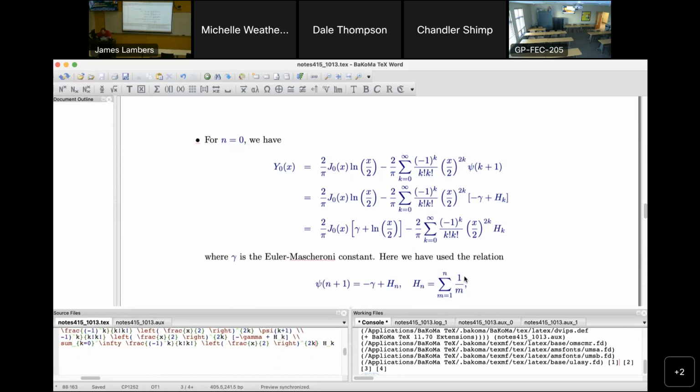You recall the harmonic series, which is the sum of 1 over m going from 1 to infinity. That series diverges, but you can define Hn to be a partial sum of the harmonic series, just summing terms from 1 to n. That's certainly well defined. So where we see the digamma function, we're able to replace it with this. Now we have this somewhat simplified expression for y0, the Bessel function of the second kind of order 0.